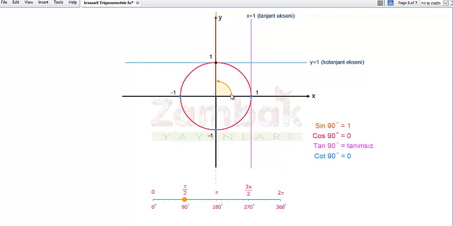What about the cosine? Cosine is 0. Here the tangent line and this line are parallel, that's why they are not intersecting. Actually, this value is infinity, and this value is 0, because the length is going to be 0.